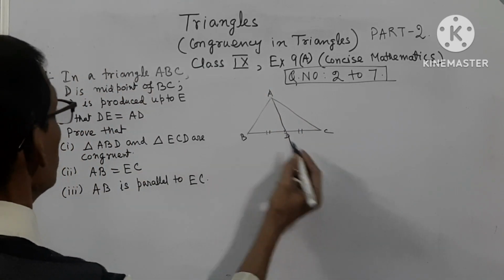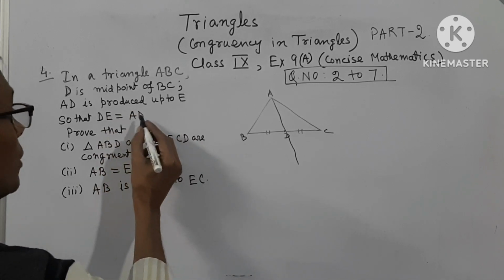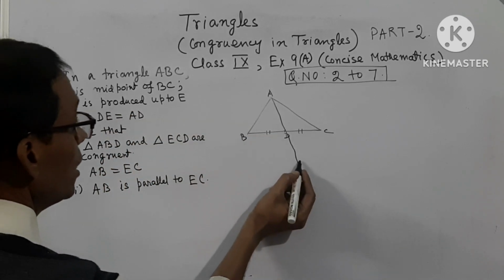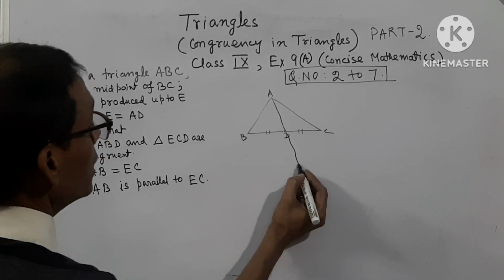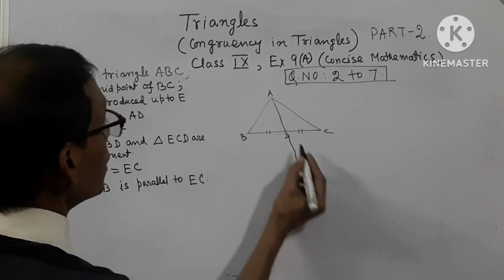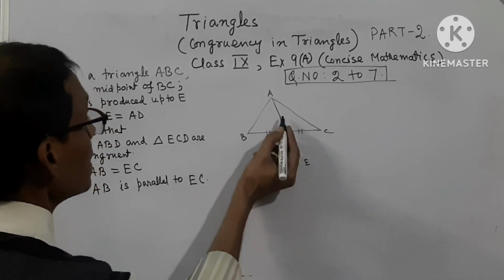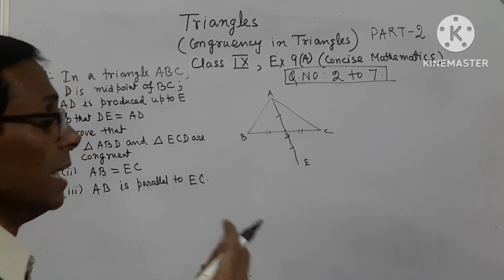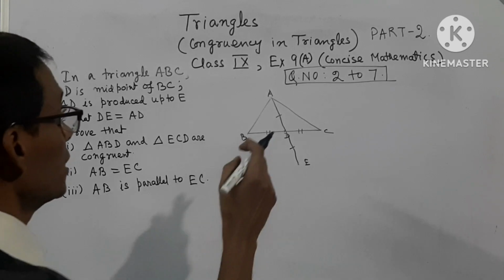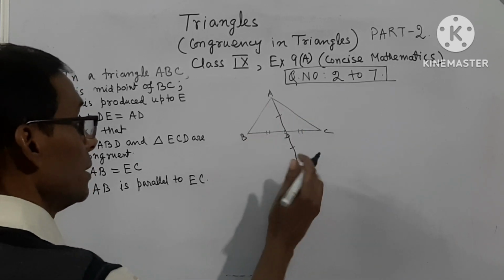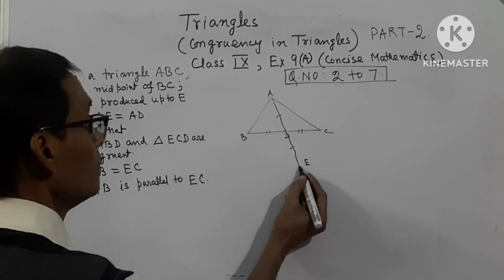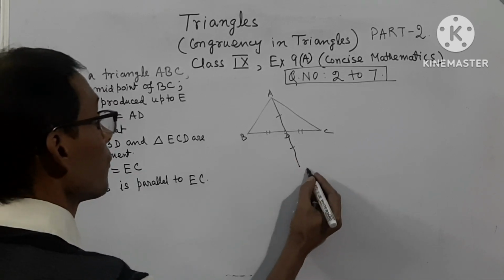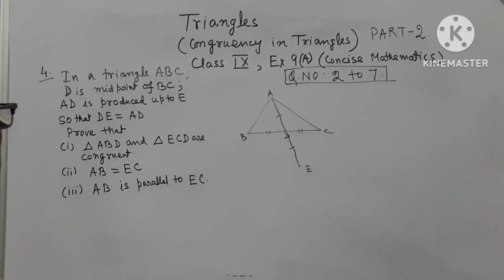Up to E, such that DE equal to AD. If AD is 5 cm, DE also 5 cm. Equal measurement you are producing. Okay, this much is fine.